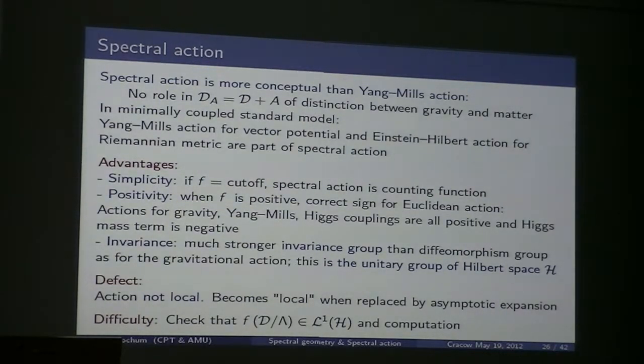The second advantage is that positivity is preserved, namely when f is positive, you get the correct sign for the Euclidean action: the actions for gravity, Yang-Mills, and Higgs couplings are all positive, and the Higgs mass term has the right sign.